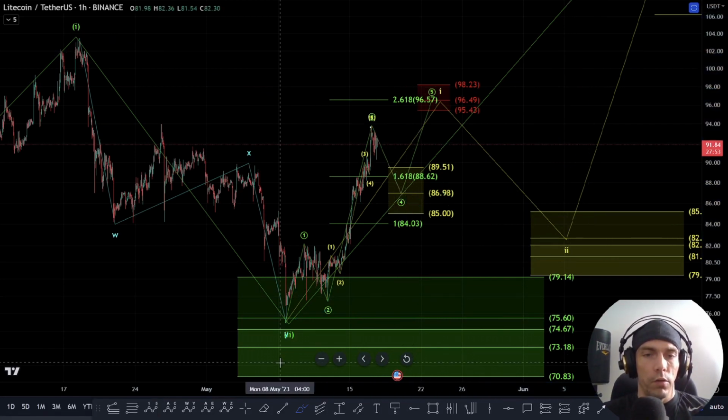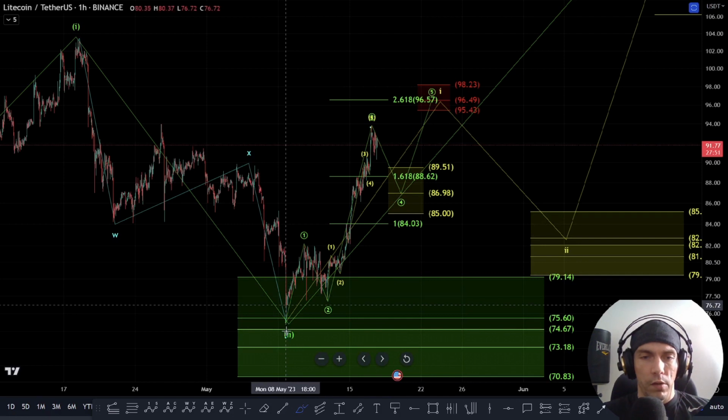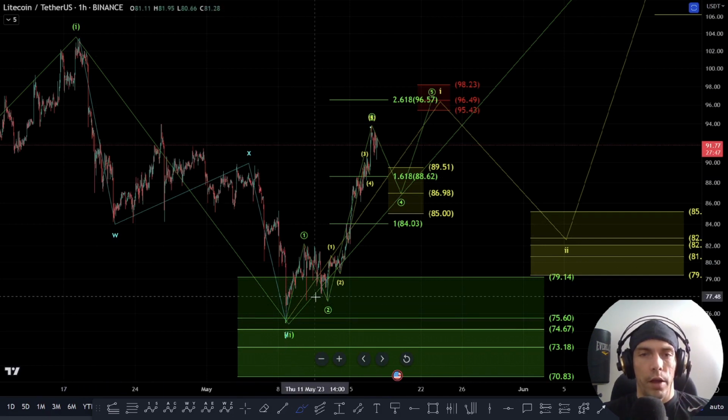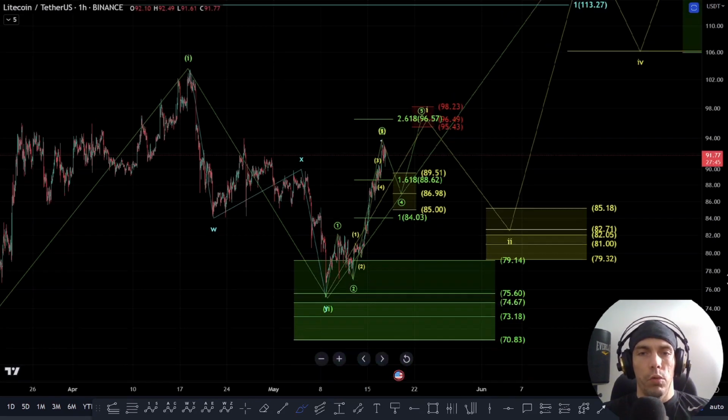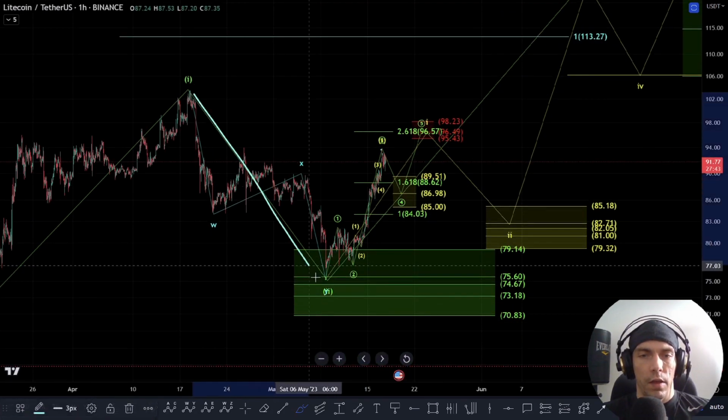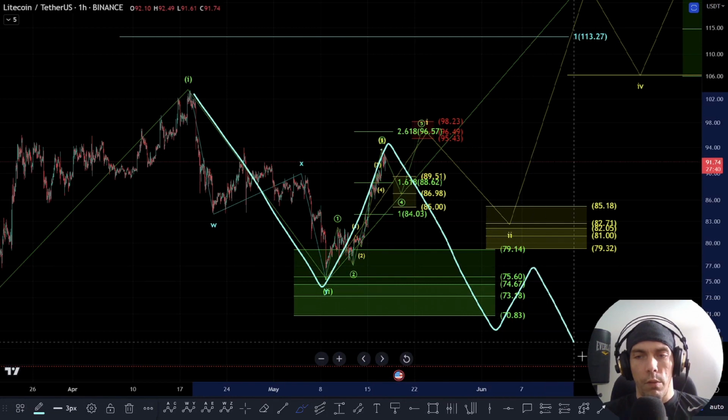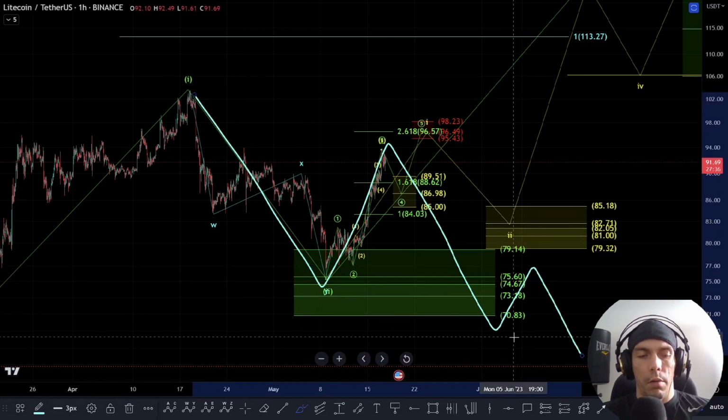However, if we are going to argue triangle, if we lose this low here of this 75.20, that would invalidate that triangle possibility here, but it would not invalidate that possibility that this could be 1, 2, 3, 4, 5, something like this is a contracting diagonal. So we need to just be aware of that and keep an eye on the counts as they develop.